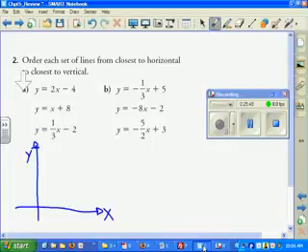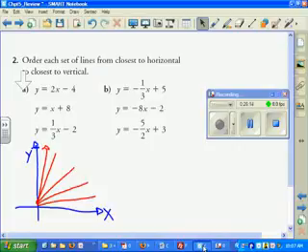Write that on the graph here so you can see it on video. So if this is completely horizontal, order the lines from more horizontal to more vertical. That's what it's asking us to do.